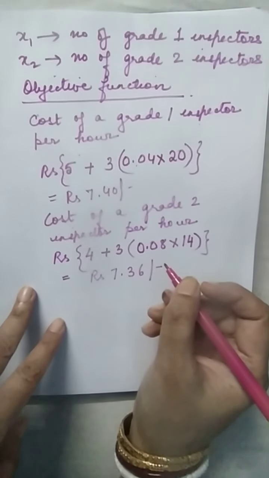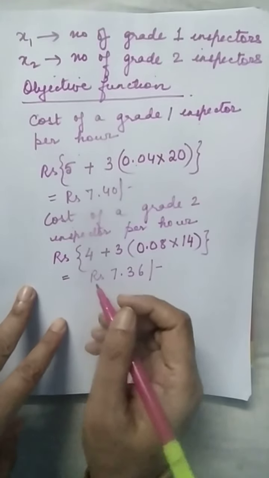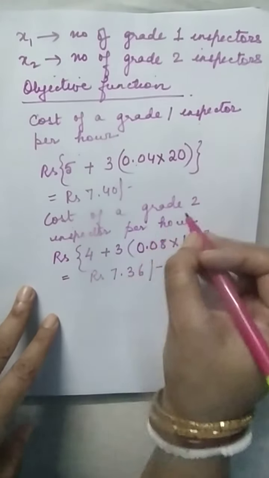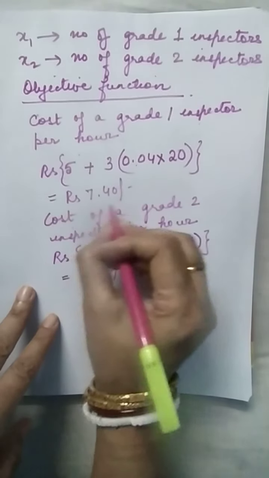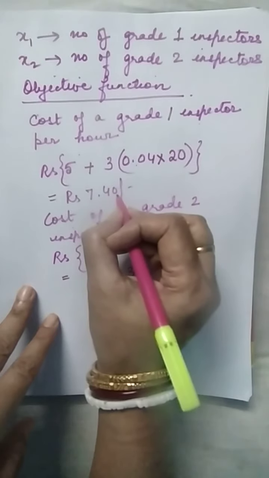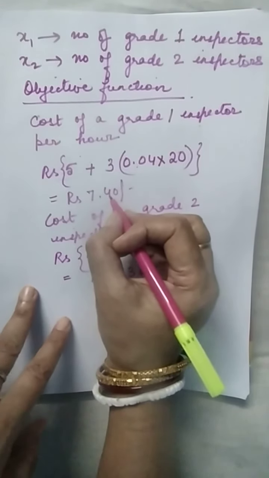Now if we add up these two costs, see how we go about it. The cost of a grade 1 inspector per hour is 7.40, and in a day we have an 8 hour shift.